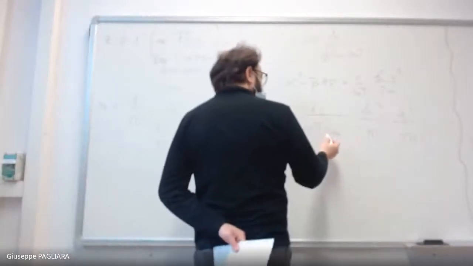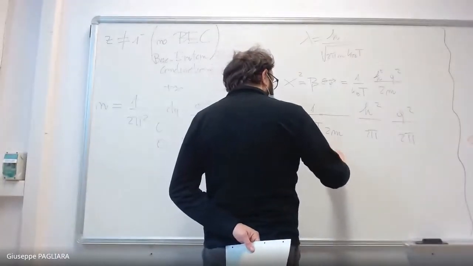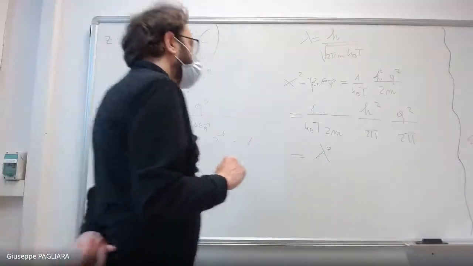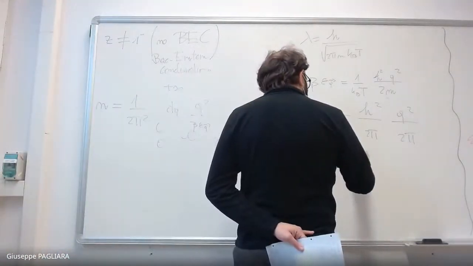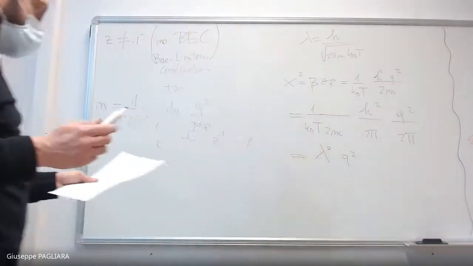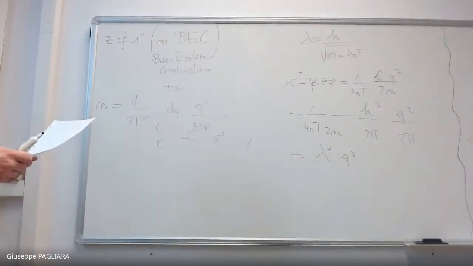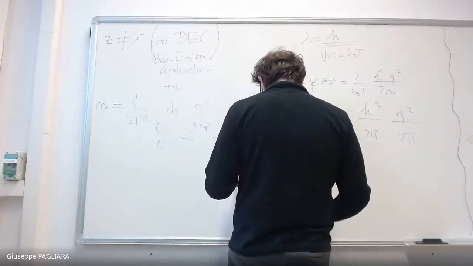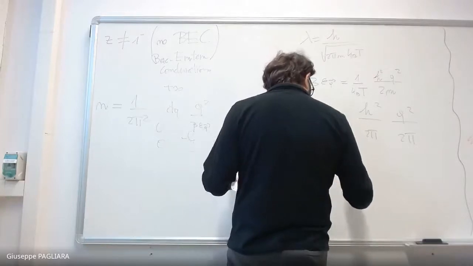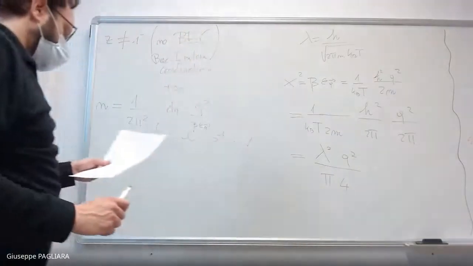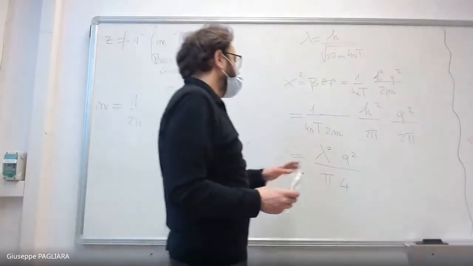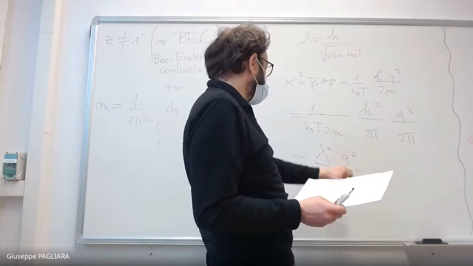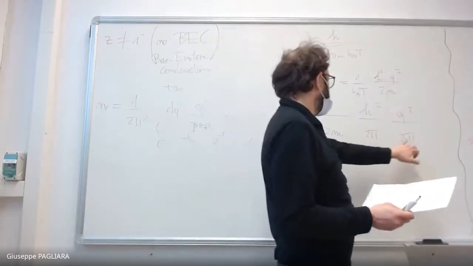So here I should have a lambda squared, and then what is left? I have a q squared, lambda squared q squared, and then I should have in the denominator a factor of pi and a factor of 4. Let me check. Okay, so 2 and 2, one other 2 goes in the lambda, and then I have a pi, which is left here.